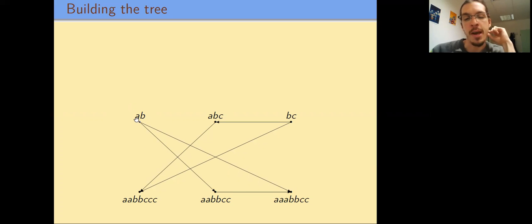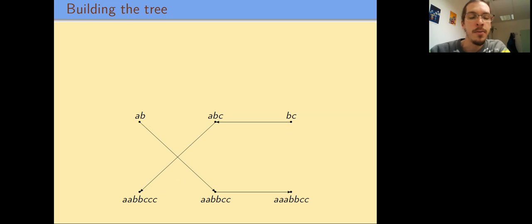For example, to go from AB to AABBCC, you can go directly, or you can go down and right. So the arc AB to AABBCC is not useful. And the same holds for the arc from BC to AABBCCC. We don't need them. To build the tree, we only need these 4 arcs.